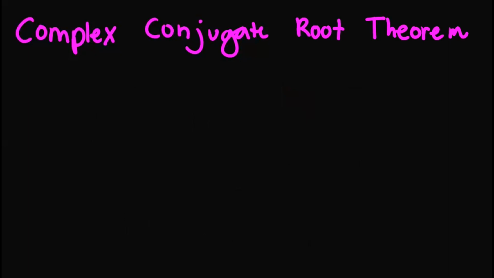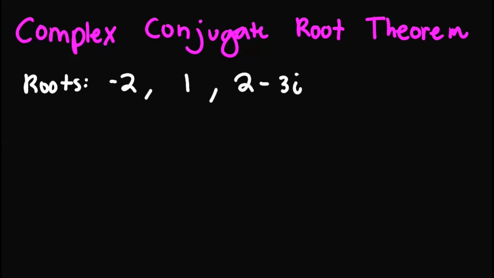So to understand this more, let's have this example. If we are provided that the roots of a polynomial equation are negative 2, 1, and 2 minus 3i, and we're provided that the degree of that specific equation is 4, our goal is to find that polynomial equation.